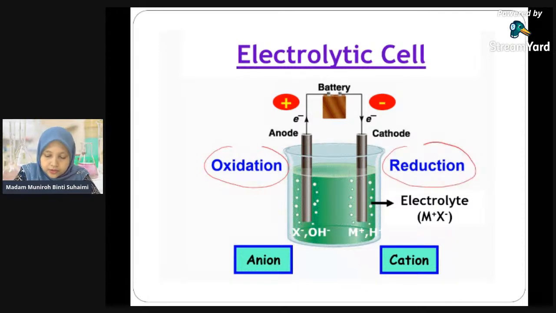We also have the electrolyte. An electrolyte is a liquid that conducts electricity due to the presence of positive and negative ions. Anions will go to the anode, and cations will go to the cathode. And we can see electron flow from anode to cathode.